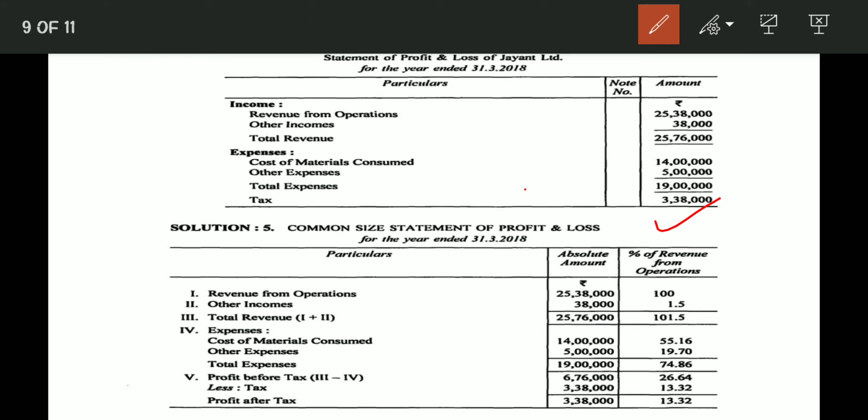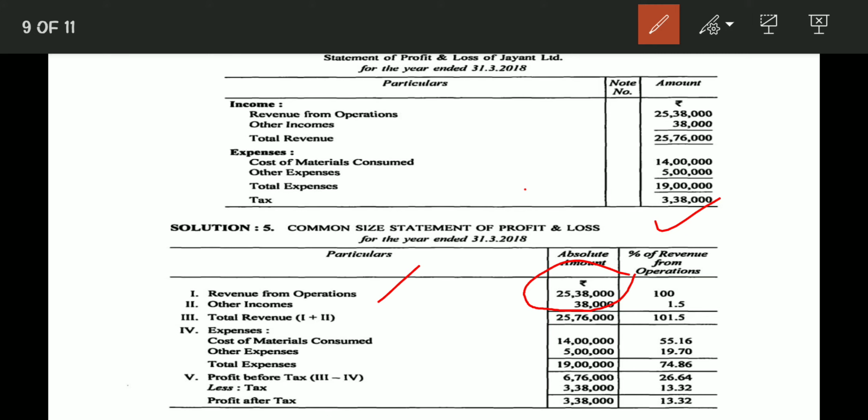So the revenue from operation, the first head is revenue from operation. Okay, so revenue from operation is taken as the base, right? The revenue from operation here in the profit and loss account is treated as the base.